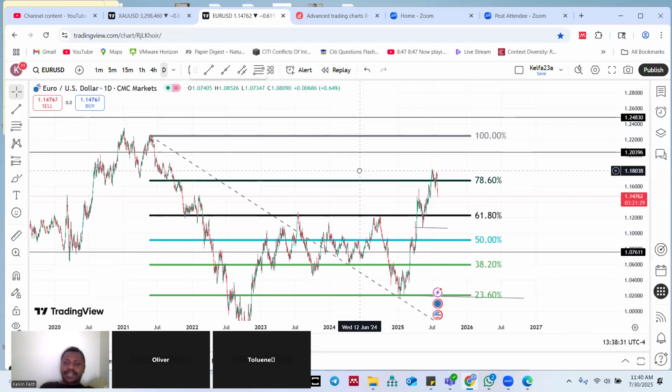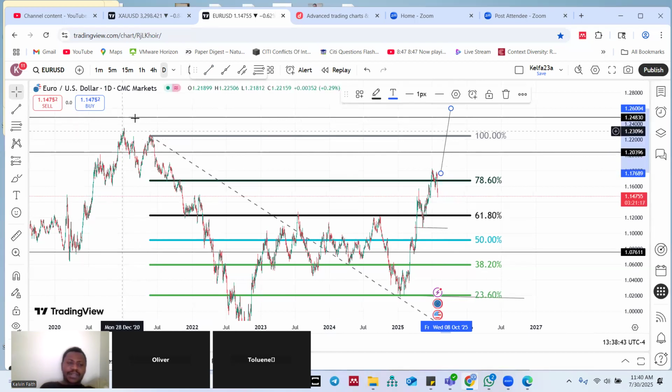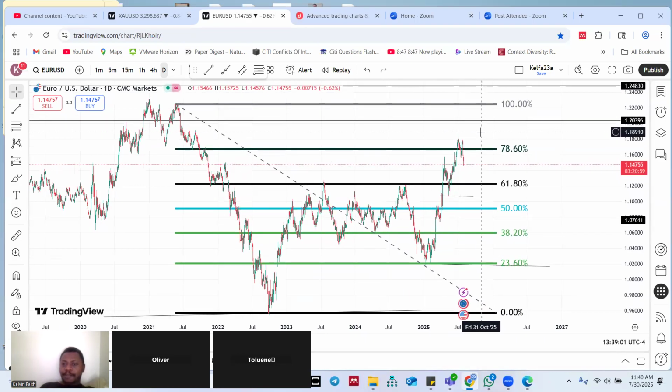So price still moved up, but it is still inside premium, 78.6%. Until price breaks up here, this whole swing high is still valid. So we are at 78.6% right now, but from the earlier measurement we did, it is at equilibrium.